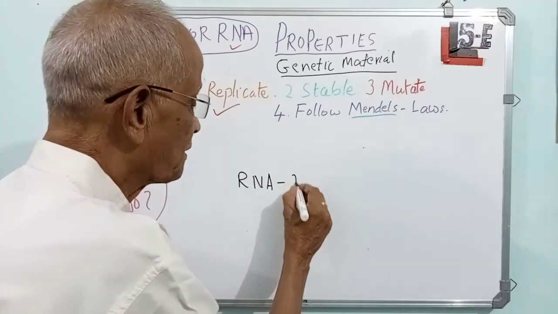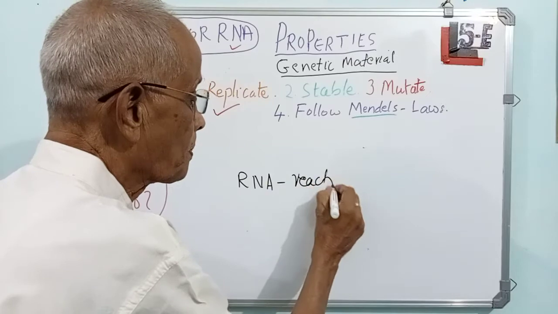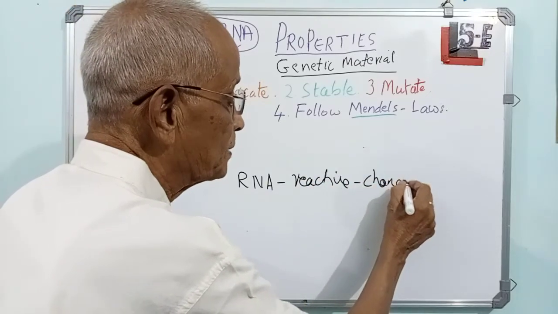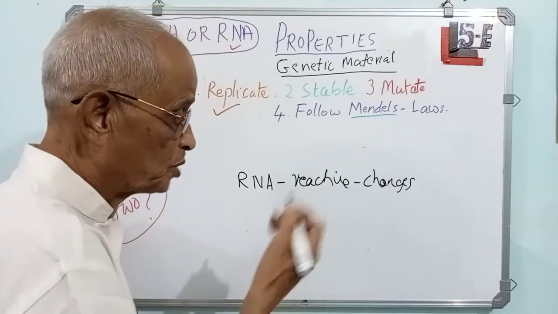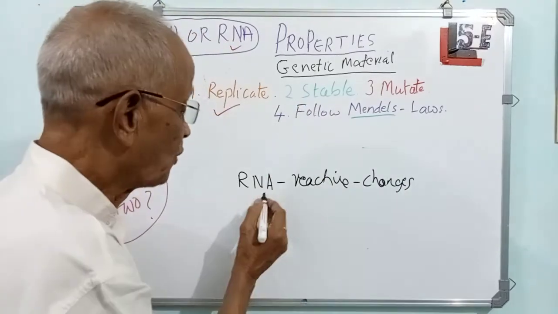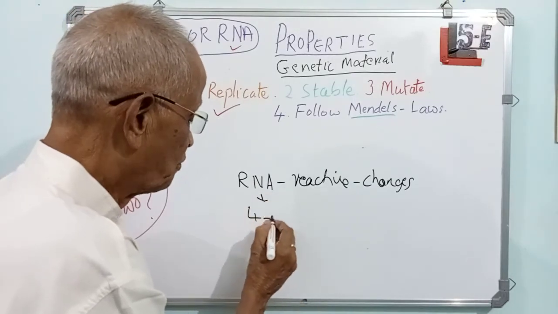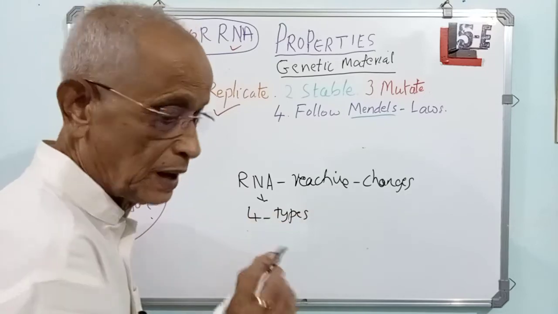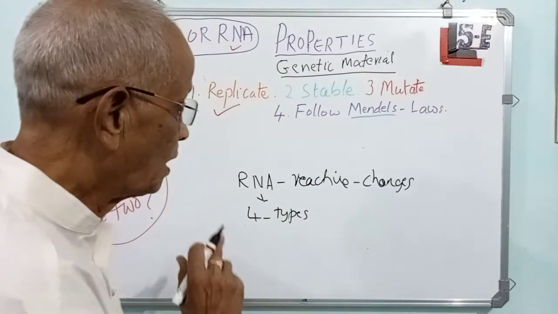It is highly reactive. RNA changes rapidly. For example, right now we have seen the RNA of the virus has changed into 4 different types within no time. That is not a stable one.